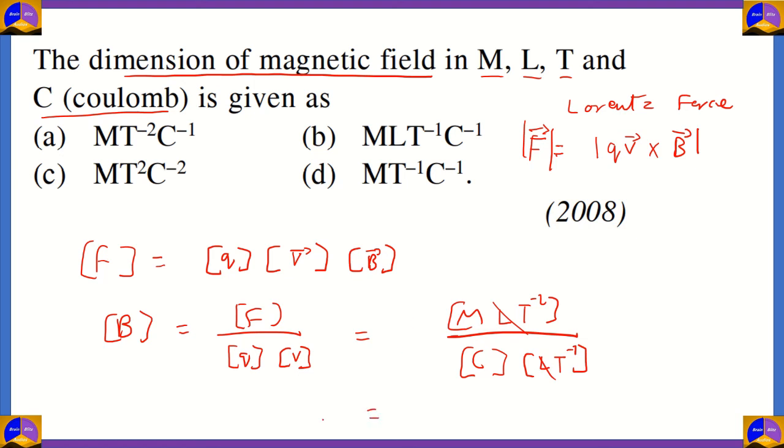So the final dimensional formula for magnetic field in terms of coulombs can be given as M T raised to minus 1 C raised to minus 1. So this is the correct dimensional formula according to the question asked in 2008. And so therefore among the 4 options, option D, M T raised to minus 1, C raised to minus 1 is the correct option.